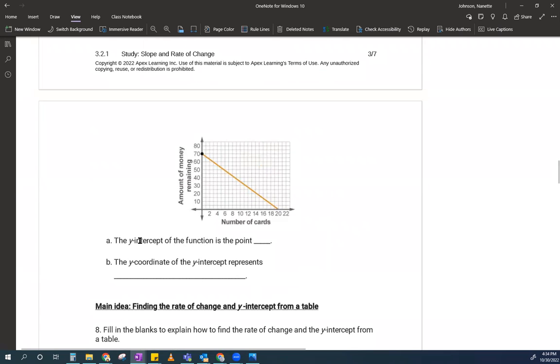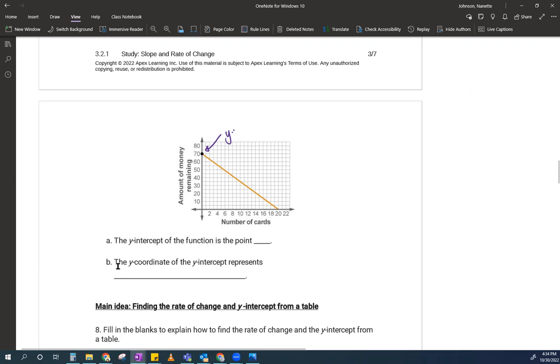Here it says the y-intercept of the function is the point. Where are you looking for the y-intercept? Hopefully you're looking where the line crosses the y-axis. That point is my y-intercept right there, which in this case is (0, 70). I like writing my y-intercept as a point because that makes more sense, right?